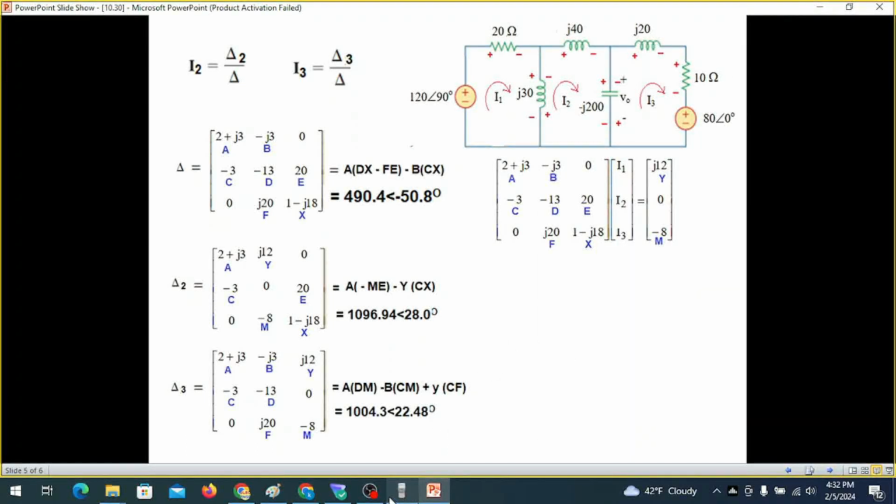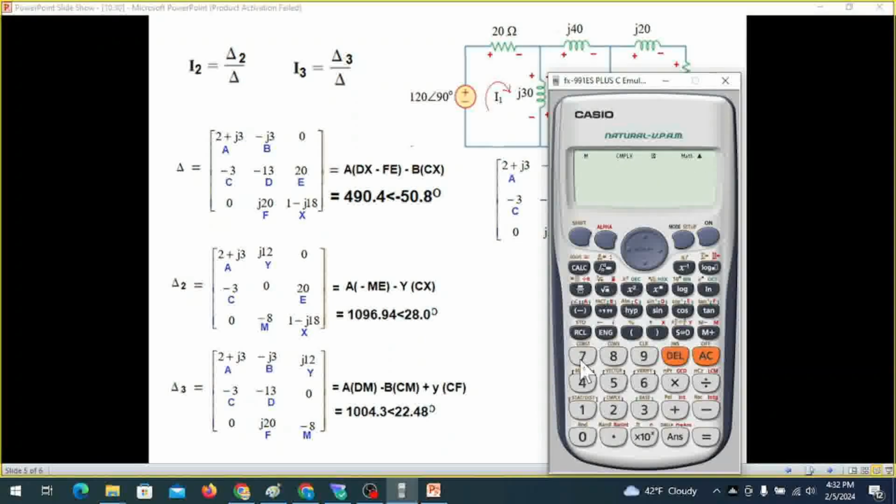Now the third one, ADM, alpha A, alpha D, alpha M, minus BCM, alpha B, alpha C, alpha M, plus YCF, plus alpha Y, alpha C, and alpha F. Equal sign, 928 plus 38, rectangular form, convert into polar.